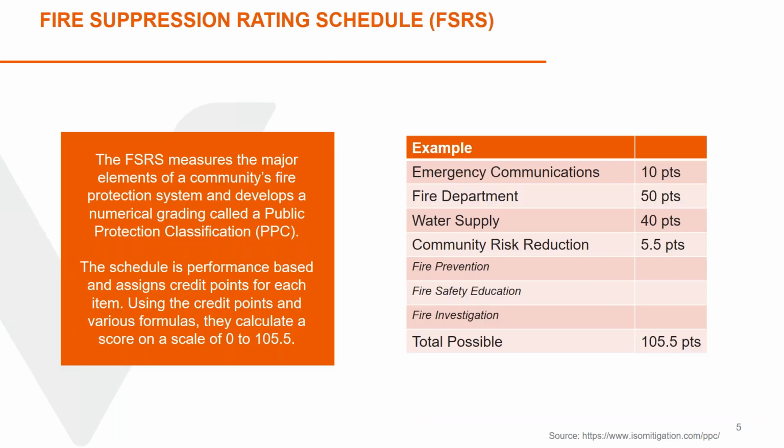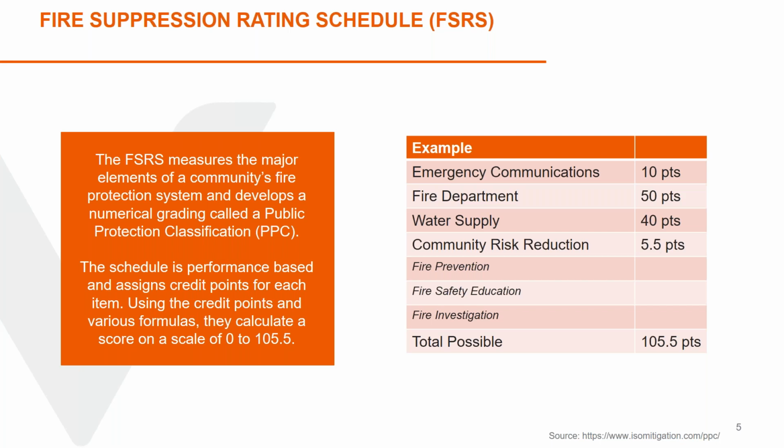So let's talk about this, because this really comes up a lot. This is their rating scale, how they evaluate one community against another. First, emergency communications is 10 points. If you have a good radio system, satellite system, you can get up to 10 points. The next piece is the fire department itself, which is 50 points.